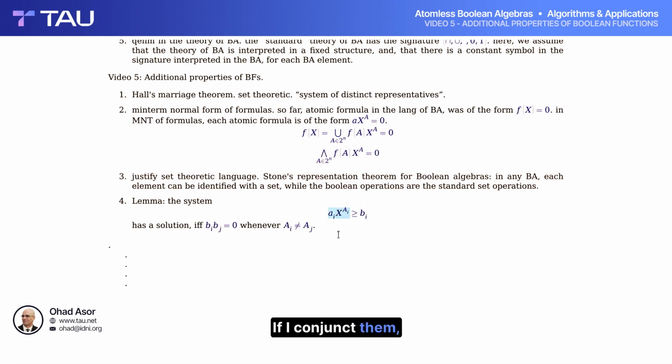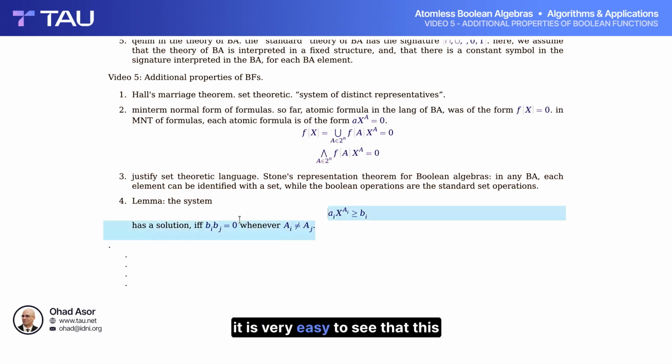If I conjunct them, intersect them with another set, they will still be disjoint. So we are going to say that b_i is a subset of some set. And if those sets are disjoint, then of course their subsets are disjoint. Therefore, it is very easy to see that this condition is necessary.